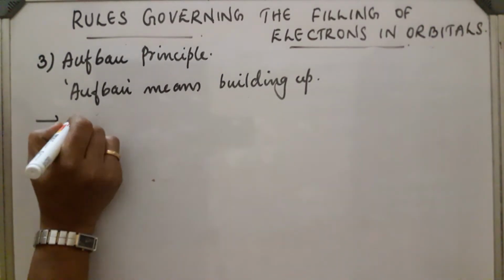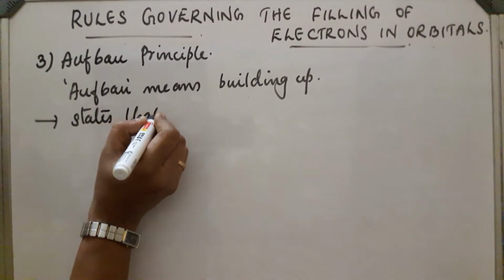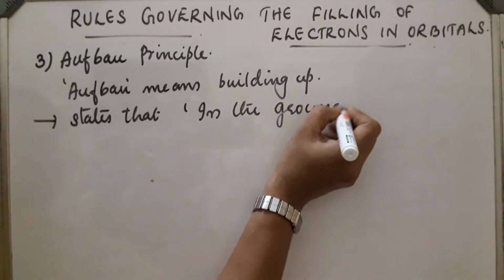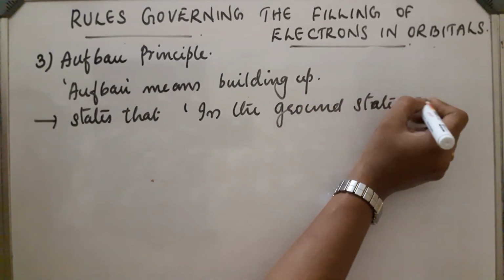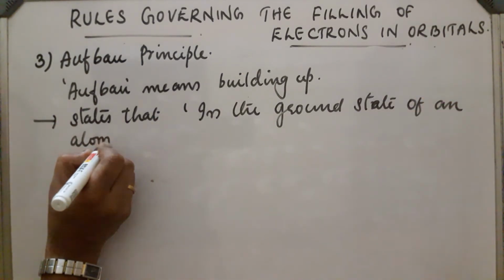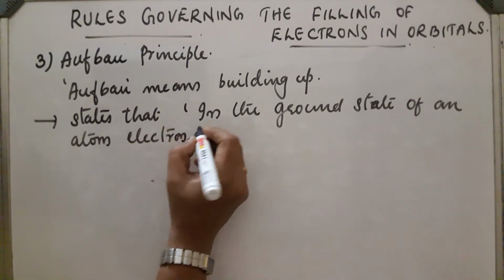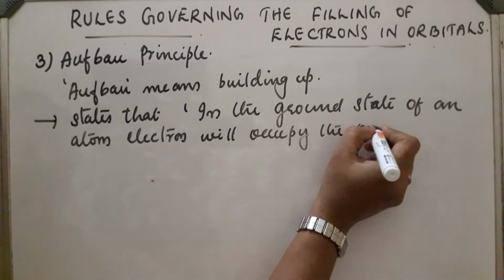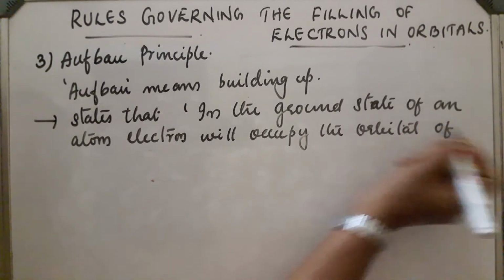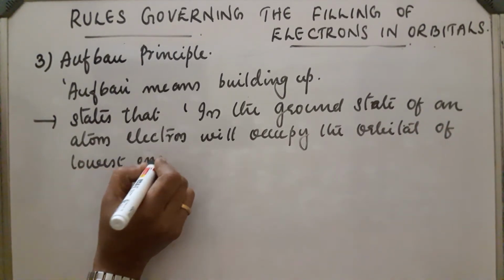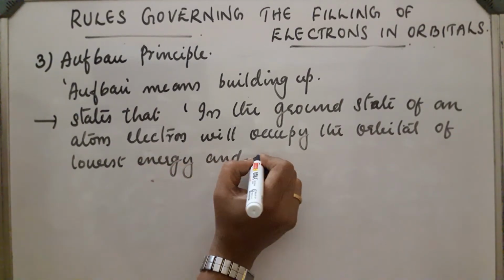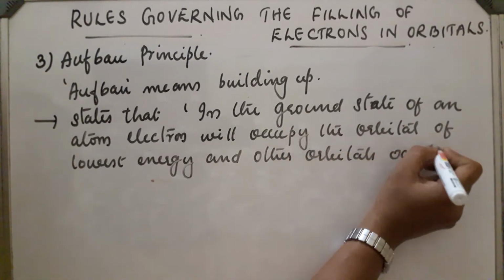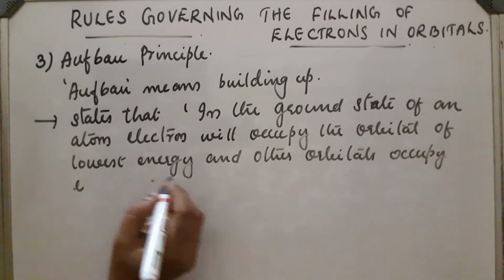This law states that in the ground state of an atom, electrons will occupy the orbital of lowest energy, and other orbitals are occupied by electrons in the order of increasing energy.